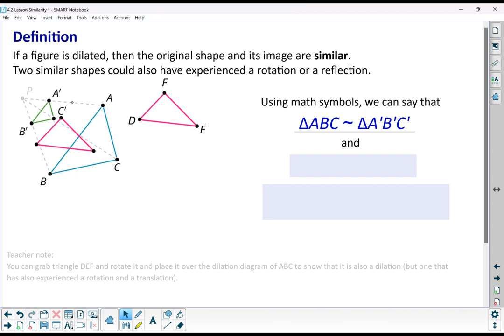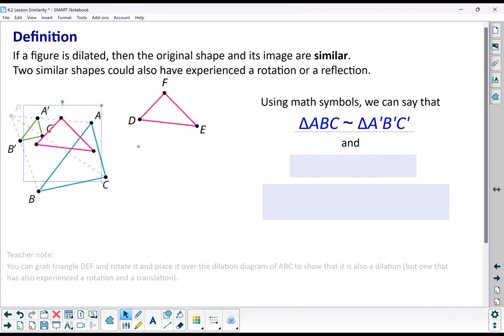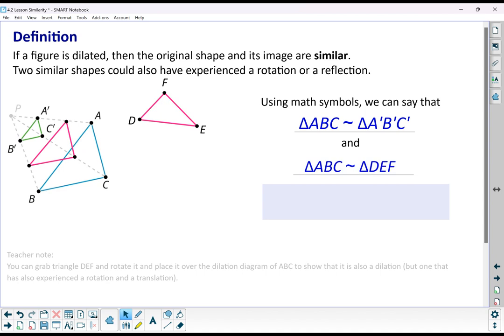Sometimes my tablet is harder to use than my smartboard. So you can see that the pink triangle can also be thought of as a dilation. It just was rotated and moved around. So triangle DEF is also similar to triangle ABC.